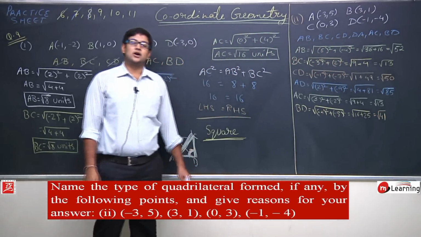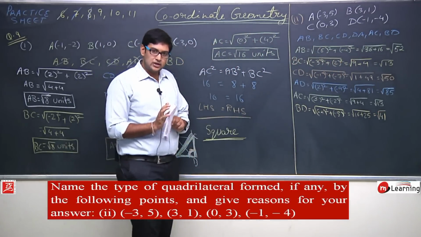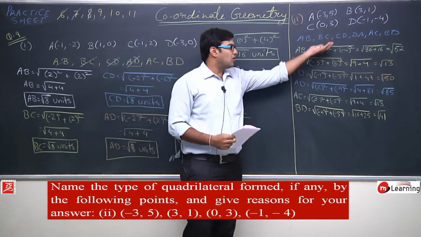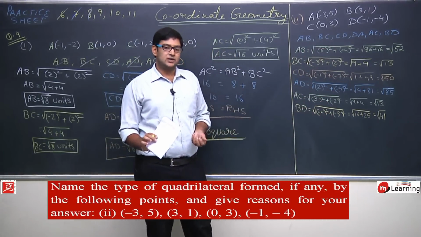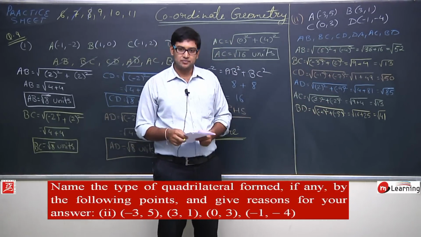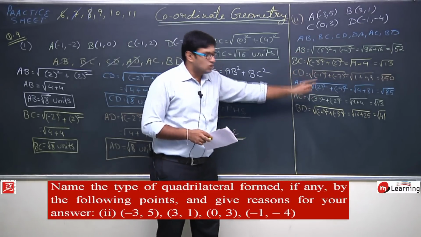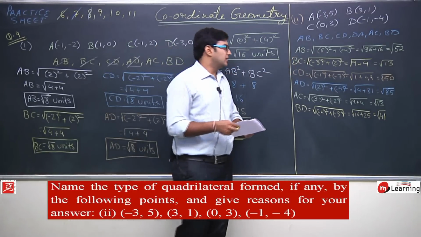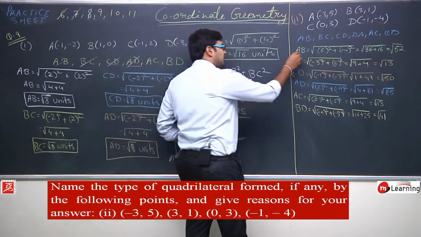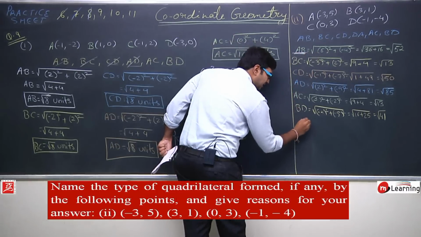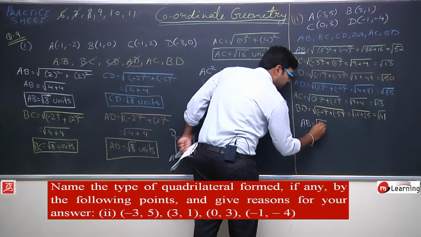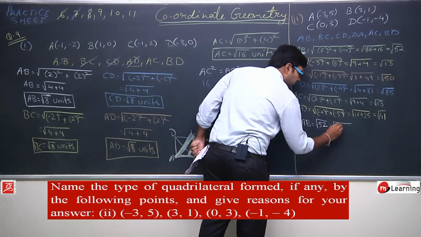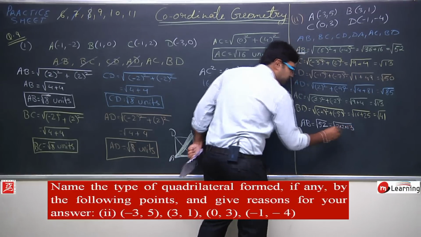Okay. Now observe it very carefully. We haven't deduced any result, any conclusion from all these 6 distances. अभी तक कोई खास conclusion नहीं निकला है. लेकिन जब हम इन distances को बड़े ध्यान से observe करें, you will find कि जो AB लिखा हुआ है, AB which is equal to square root of 52 is basically square root of 2 into 2 into 13.